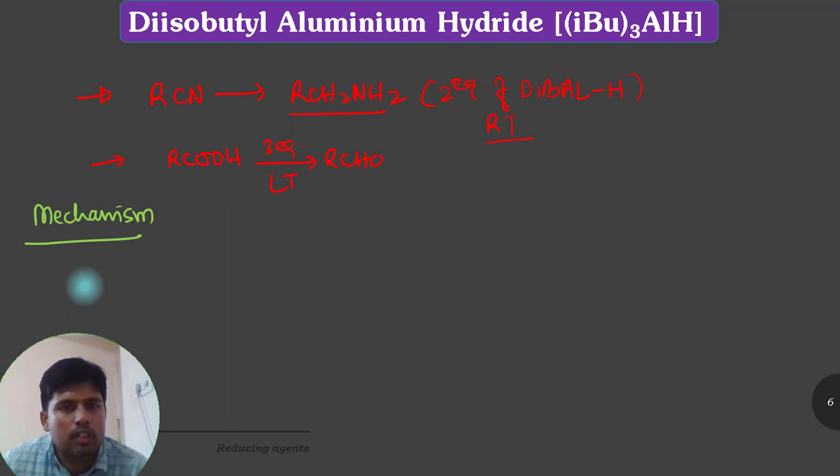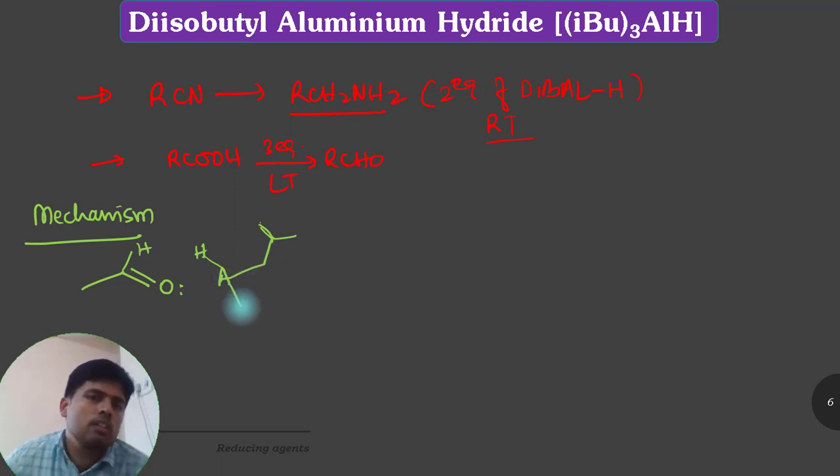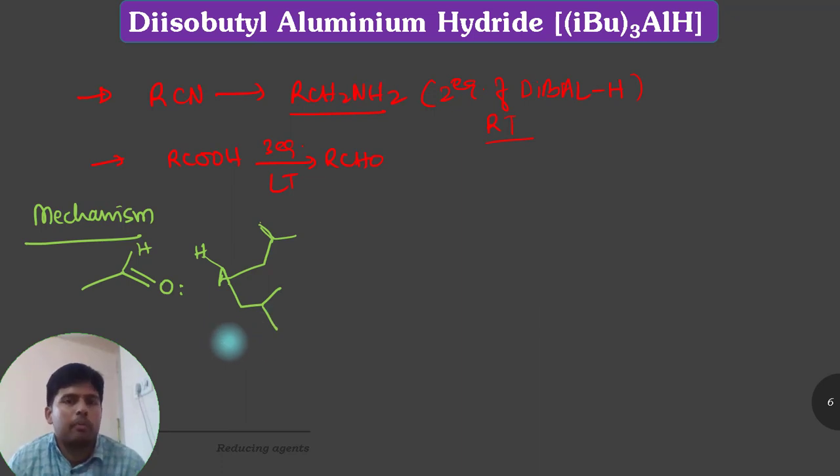Say this is our aldehyde, RCHO. So first thing is to interact, because it's electrophilic in nature. So this is diisobutyl aluminum hydride.